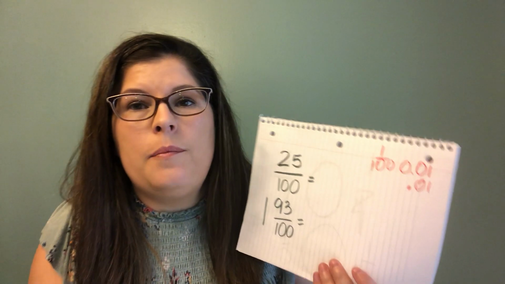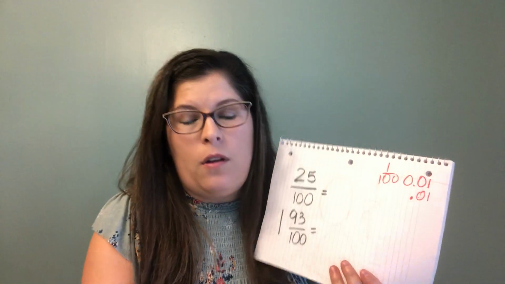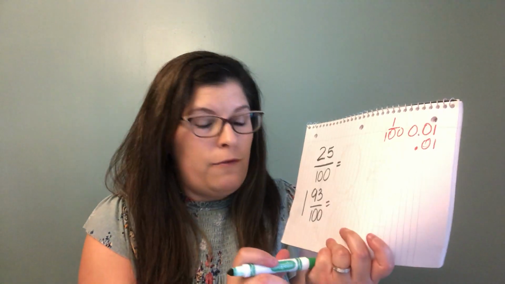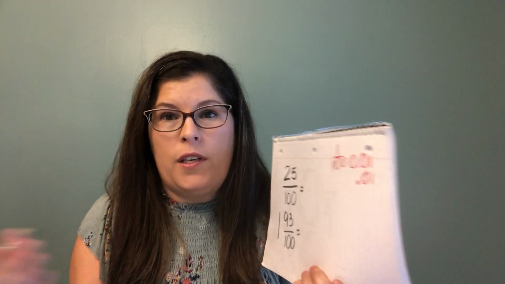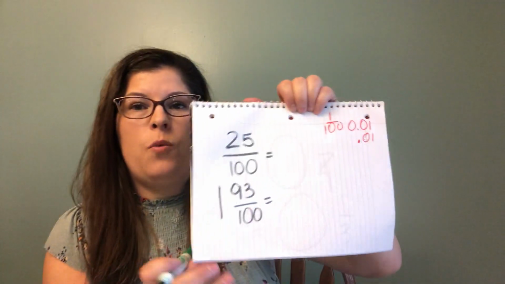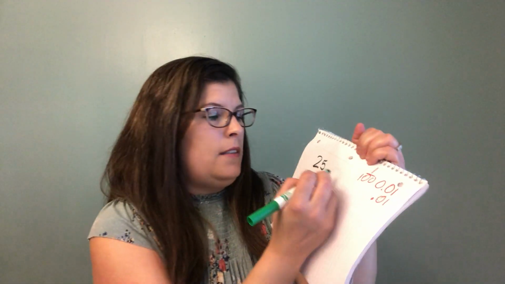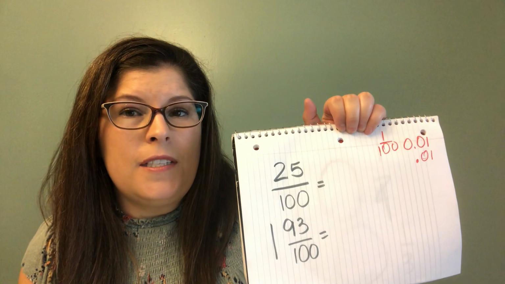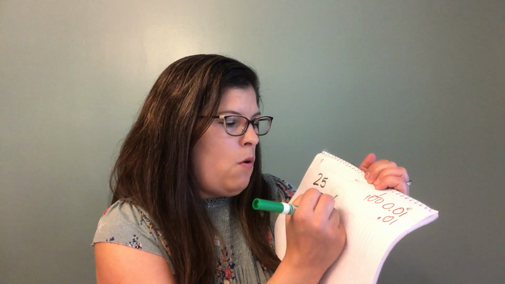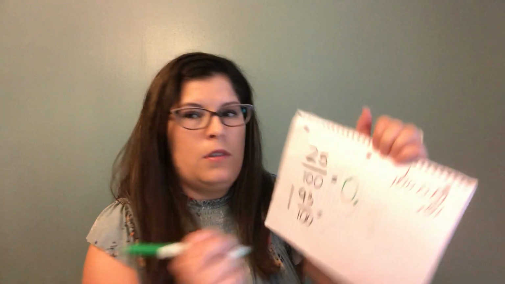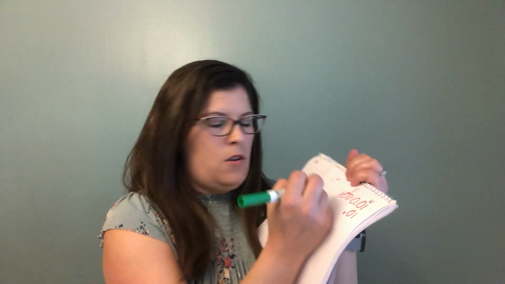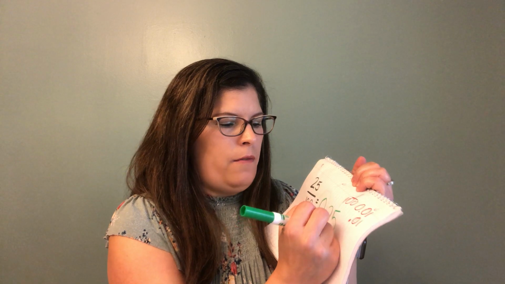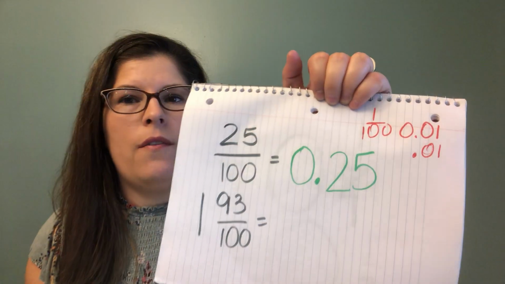So 49 pieces out of 100 is going to equal 0.49, so 0 and 49 hundredths. What about 25 out of 100? As a decimal, 25 pieces out of 100, you have 0 wholes, so it would be 0.25, 25 hundredths. I don't have a whole.